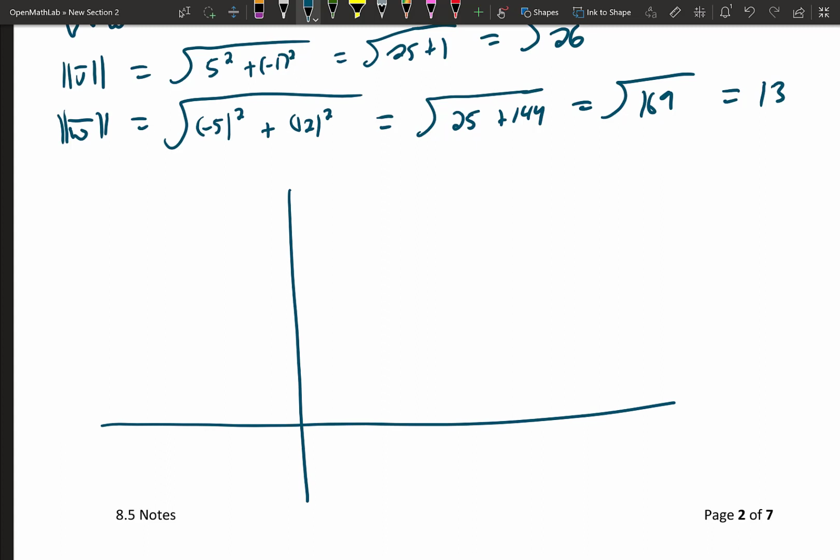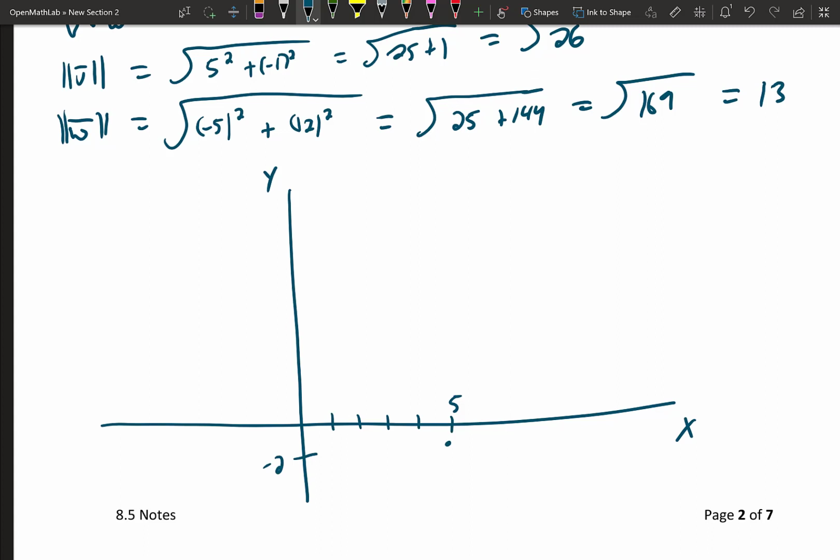So vector v is 5, negative 1. So 1, 2, 3, 4, 5. I think I'm going to increase these by 2's on the y-axis. So that terminal point would be 5, negative 1.